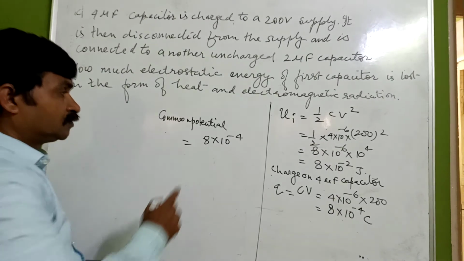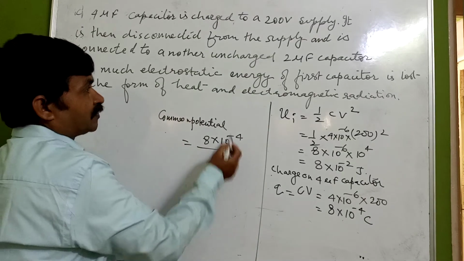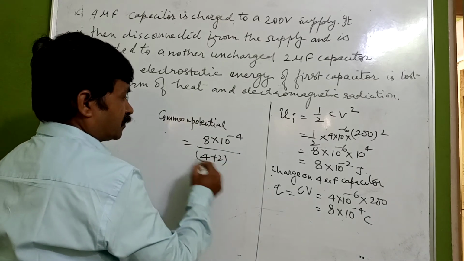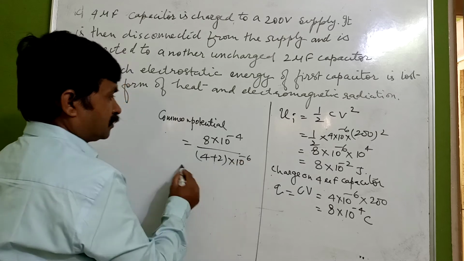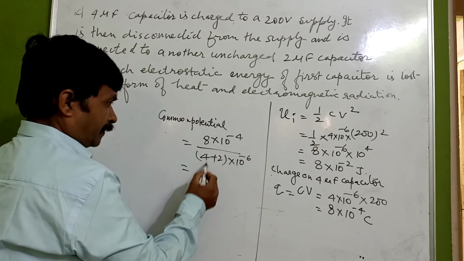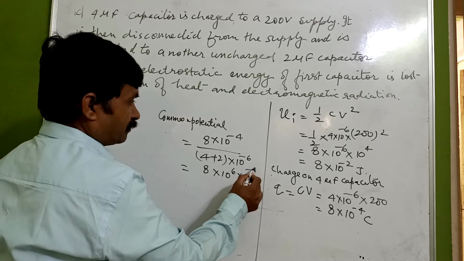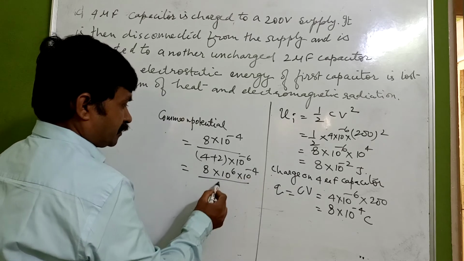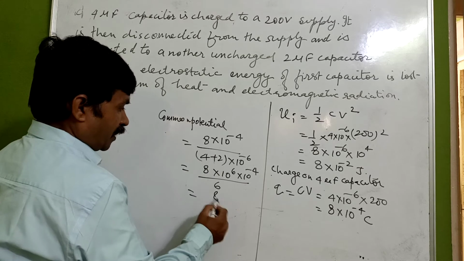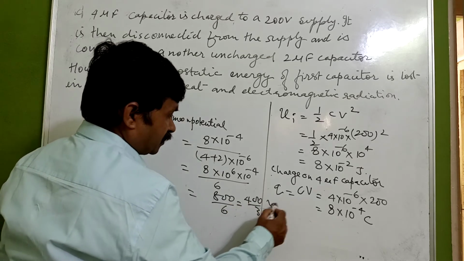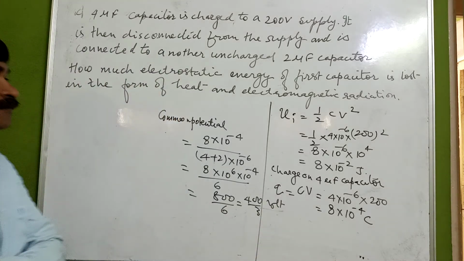Q is equal to CV, total capacitance we have to add, 4 plus 2, 10 raised to the power minus 6. So it is going to be 8 into 10 raised to the power minus 4 divided by 6 into 10 raised to the power minus 6. So it is going to be 800 upon 6, means 400 upon 3 volt. This is the common potential which we are having.